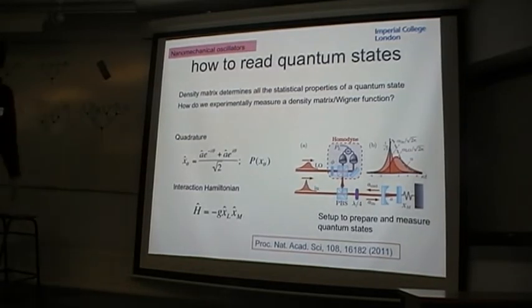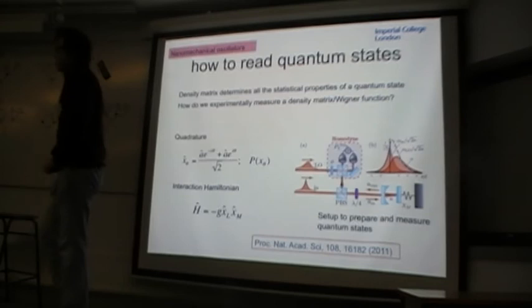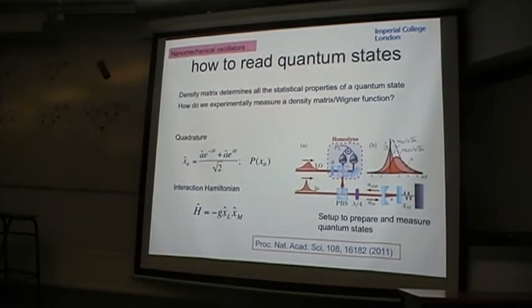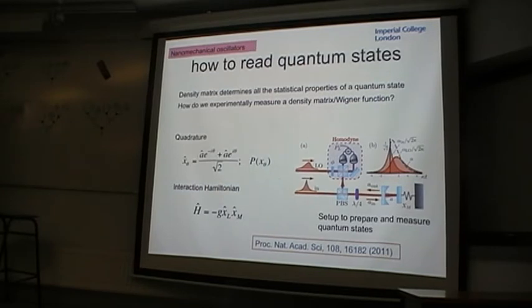That's two-dimensional. That is the picture of the Wigner function. The Wigner function gives the full information on the statistical properties of a quantum state.